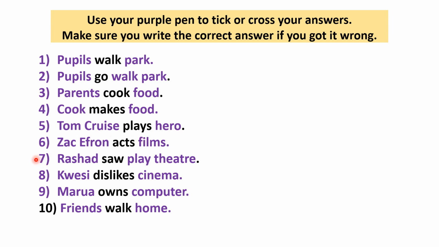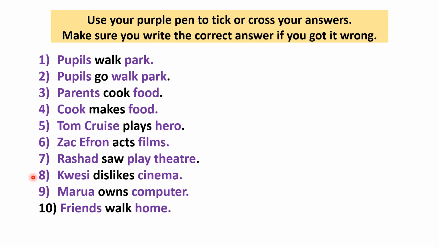Number 7, the nouns are Rashad, play, and theatre, and the verb is saw. Just a pointer here that Rashad isn't playing, that's not his action. He's going to see a play at a theatre.